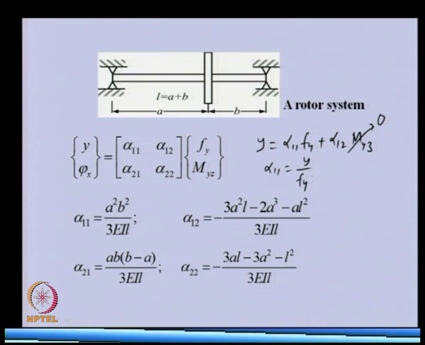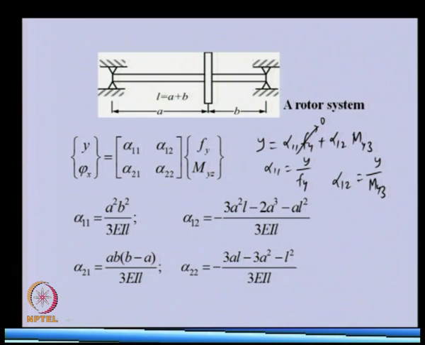Similarly, if we want to obtain alpha 1 2, that will be the linear displacement due to only the moment when it is present in the system. So, we need to keep the force 0 in the second case, only the moment is applied. Whatever linear displacement takes place at the same location, divided by the moment, will give us the influence coefficient alpha 1 2.